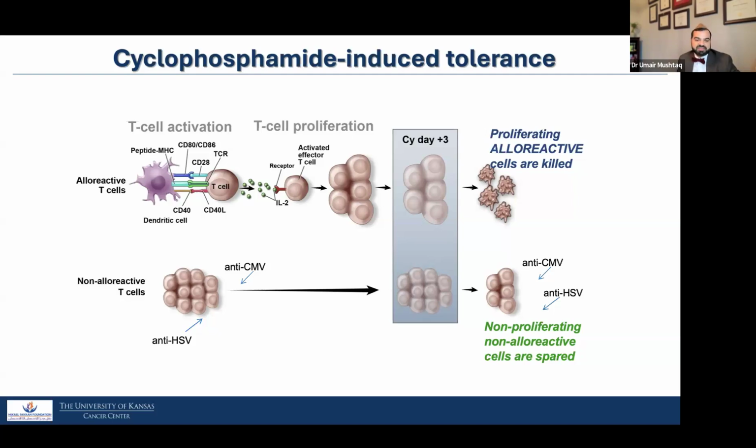Stem cells are also spared from this process. It's a low dose, and they are not proliferating at that time. So that's a simpler way to understand how this works. There are other mechanisms, such as induction of regulatory T cells, that induce immune tolerance eventually.